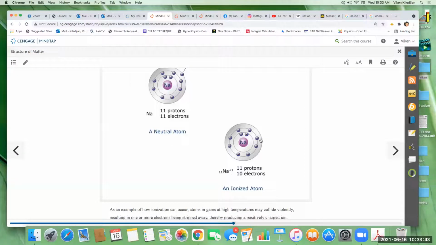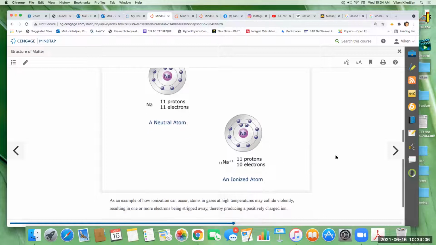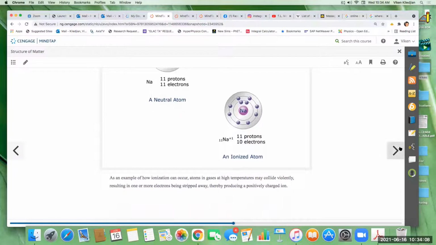Sodium likes sharing its outer electron, and it binds with chlorine. So it gives an extra electron to the chlorine, and then they bind together to form salt. So that would be an ionized sodium, 11 protons, 10 electrons. Since it has fewer electrons than protons, it's positively charged. Okay.